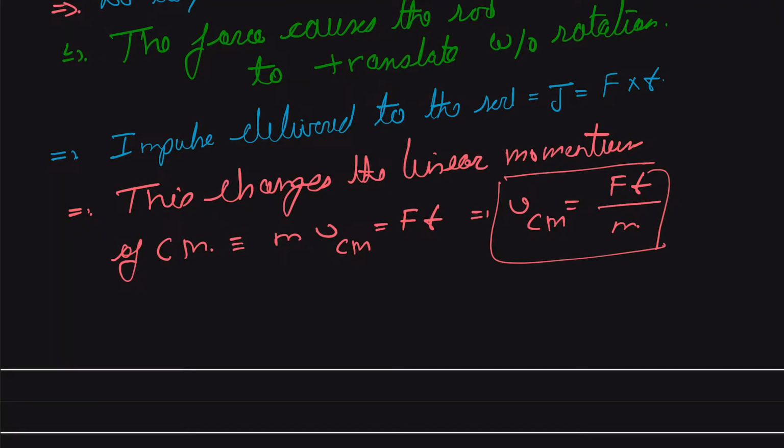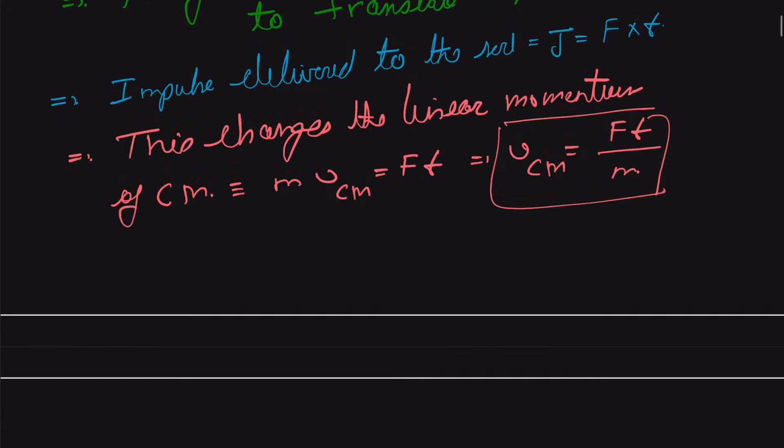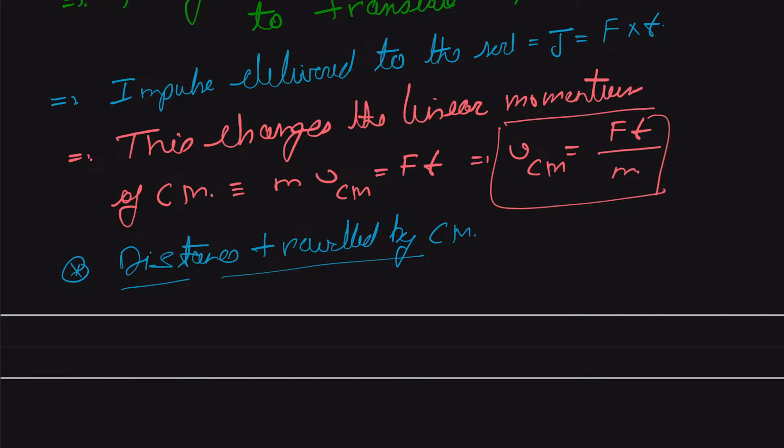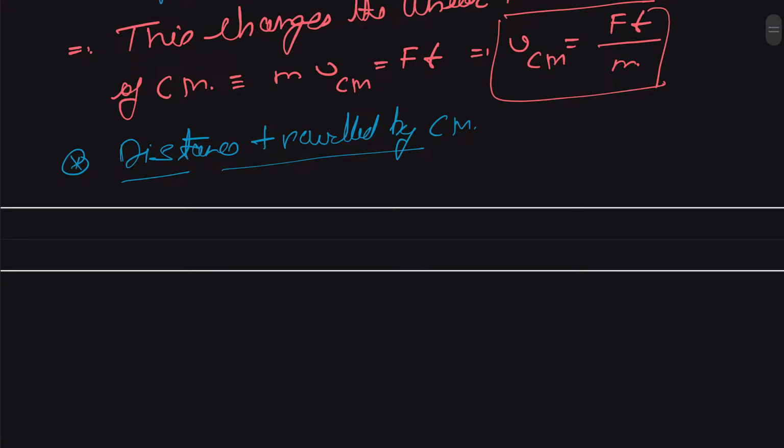Now, we can easily find the distance traveled by the center of mass. Since the force F is applied, the acceleration of the center of mass, if that is A, will be equal to force divided by mass m.